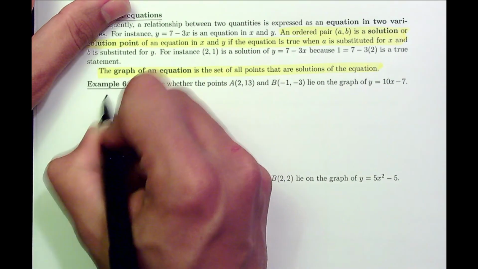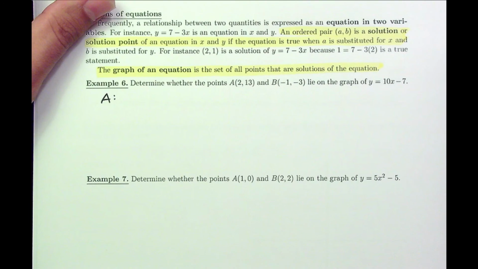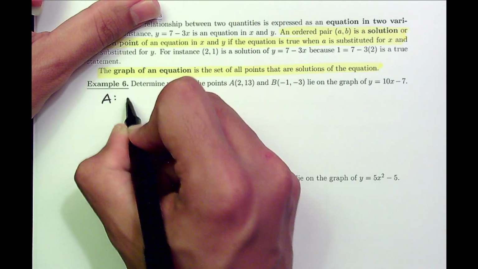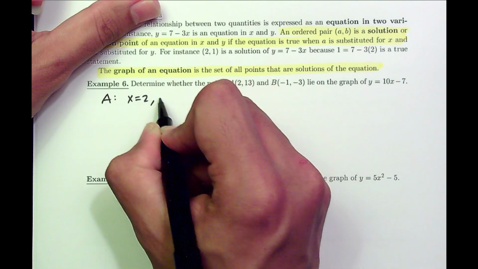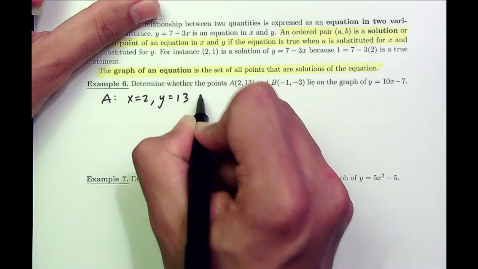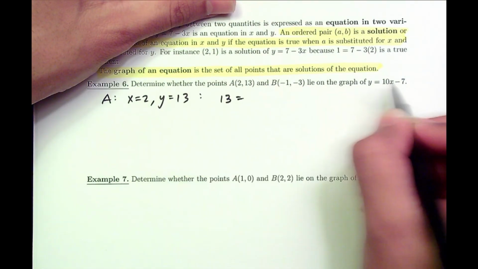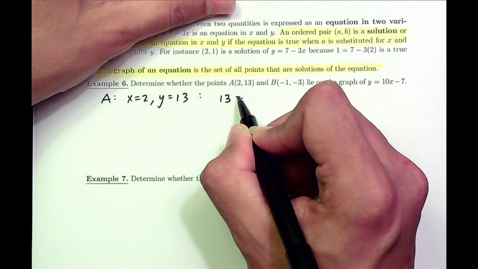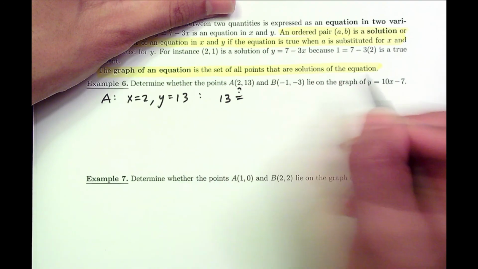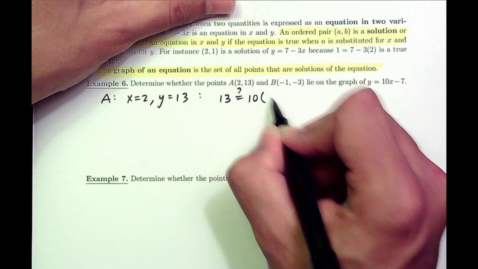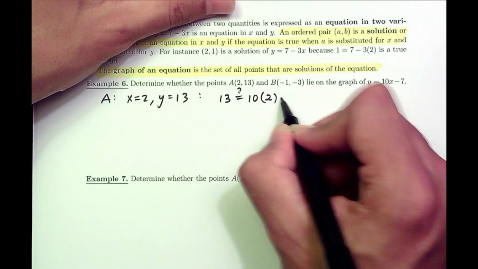So let's check A. So we're going to plug in x equals 2, y equals 13. So let's see, is it true that 13 equals 10 times 2, x is 2, minus 7?